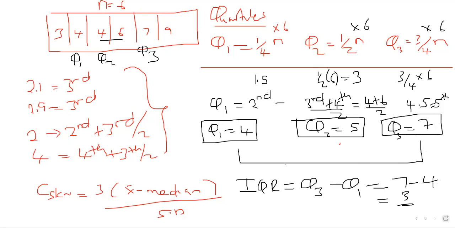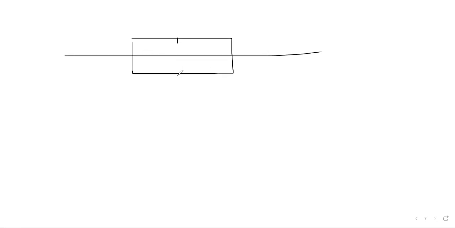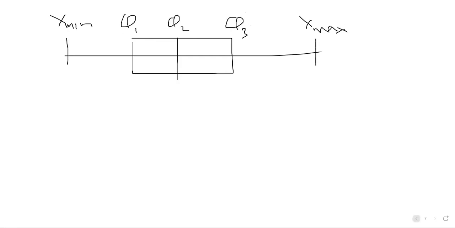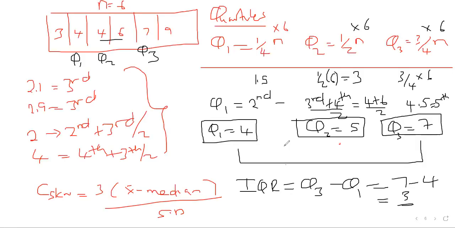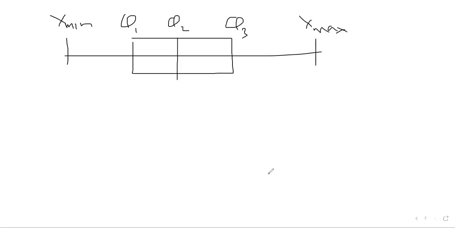So this brings us to a special box which we call the box whisker plot. It has 5 key elements: the minimum value of x, the maximum value of x, and the 3 quartiles Q1, Q2, and Q3. So according to our diagram here, 3 and 9 were our minimum and maximum respectively.